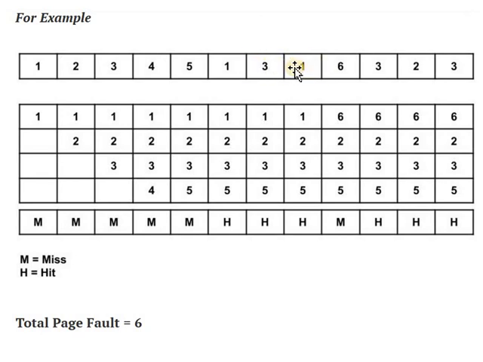See, the remaining string is 1, 3, 1, 6, 3, 2. So here 4 is not used, so 4 is replaced by 5. Then next, whenever 1 comes, it checks inside the memory. 1 is available in the memory, so a page hit occurs, which means no page replacement is done. Next, 3 is available in memory, so no page replacement is done because of the page hit.